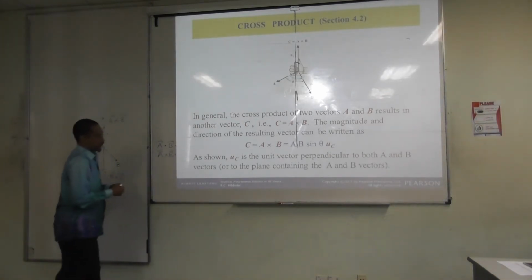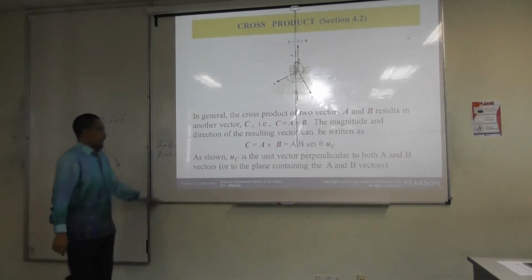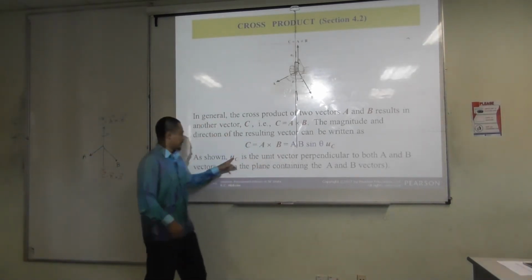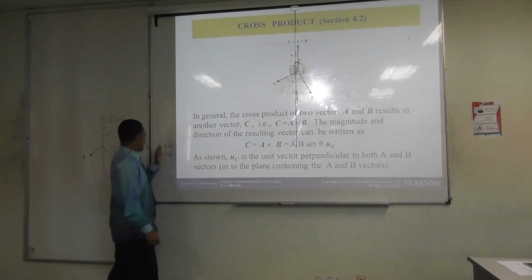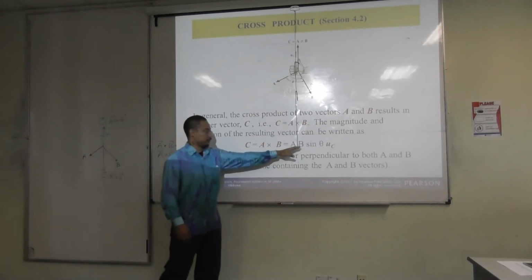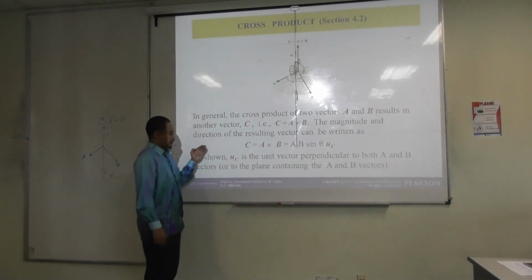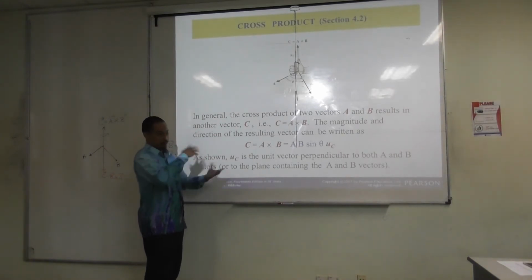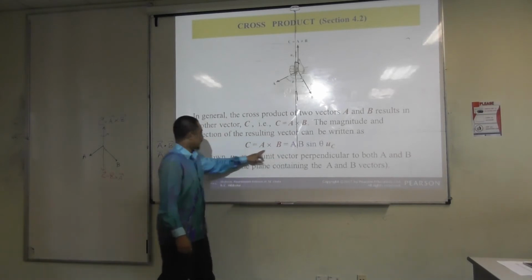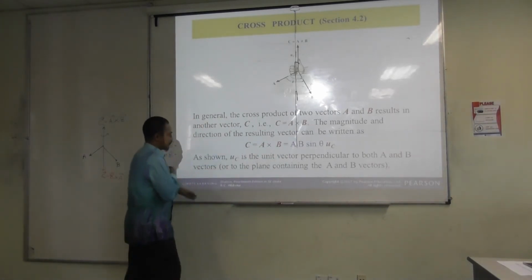So the magnitude and the direction of the resultant vector can be written like this. If A dot B is A B cos theta, in this case it will be sine. So the effect of perpendicular and on the same line is different. It's opposite basically.